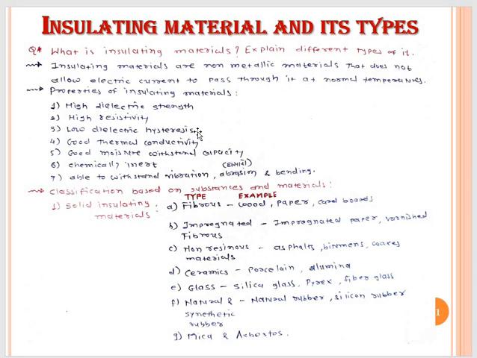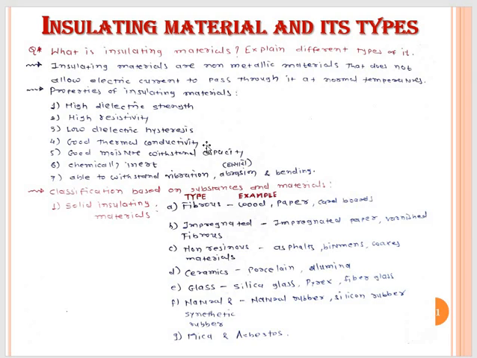Fourth, good thermal conductivity. Fifth is moisture withstand capacity. An insulating material must have a good moisture withstand capacity.